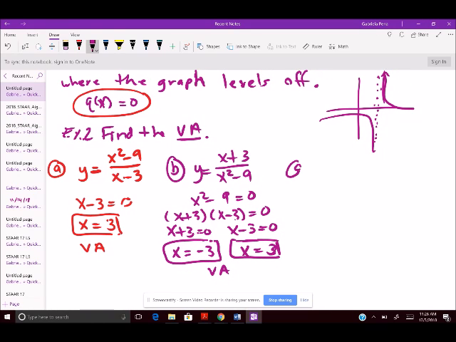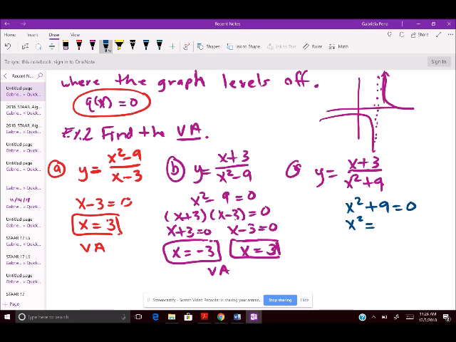Part C. Which one was the equation? Y equals x plus 3 over x squared plus 9. So we take your denominator and set it equal to 0.